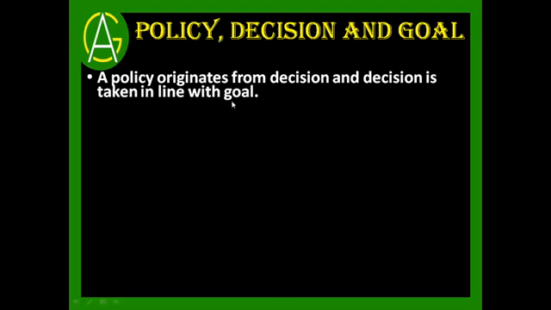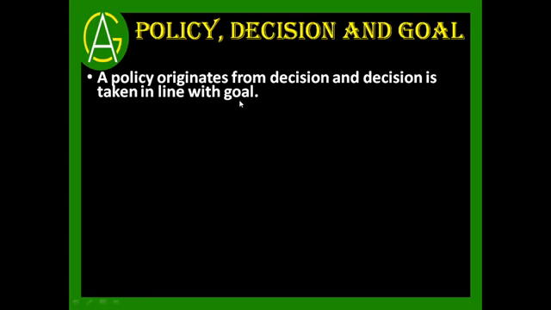Once the objective or goal is set out, the government will have to take several kinds of decisions in order to achieve that goal. So when there is a set of such decisions, it becomes policy. So first goal is set. In order to achieve that goal, several decisions are taken and the set of such decisions is considered as policy.